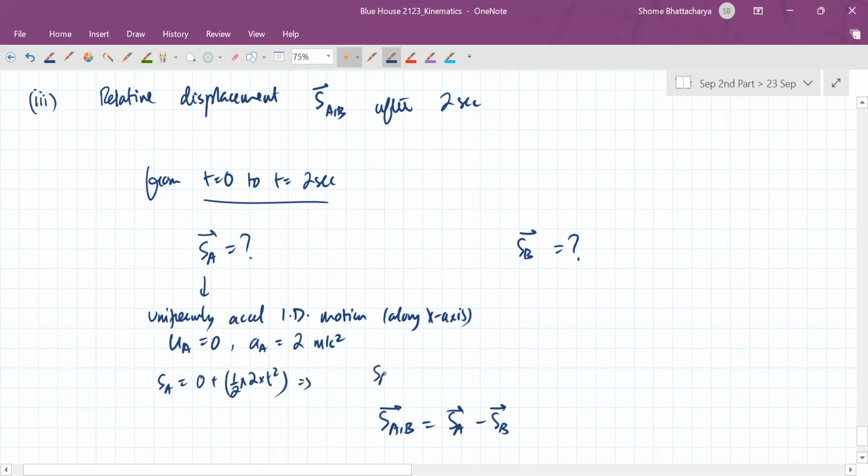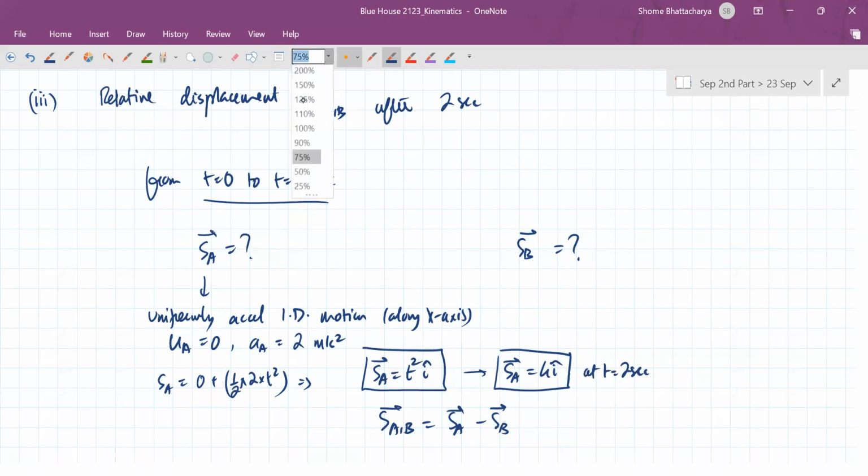So A's displacement is t square i cap as a function of time. Therefore A's displacement is 4 i cap at t equal to 2 seconds.